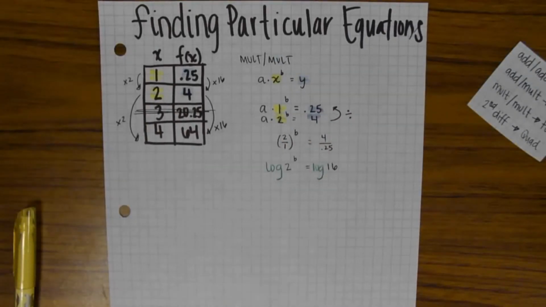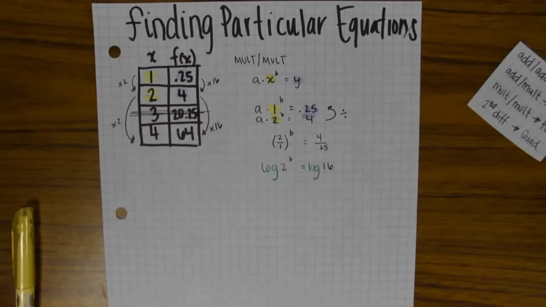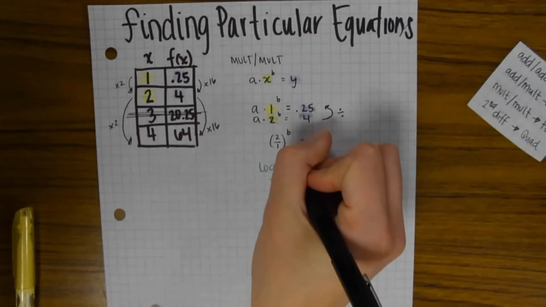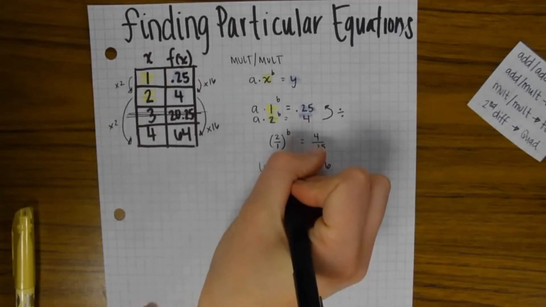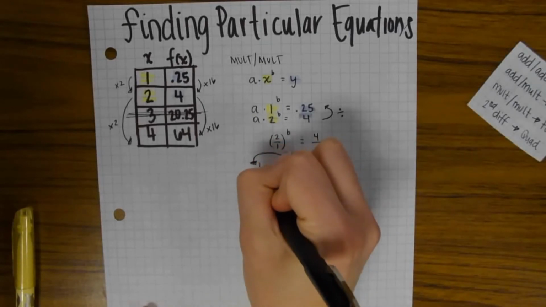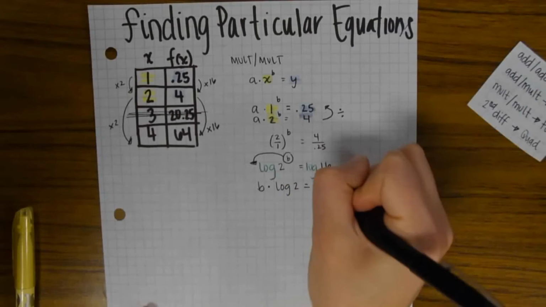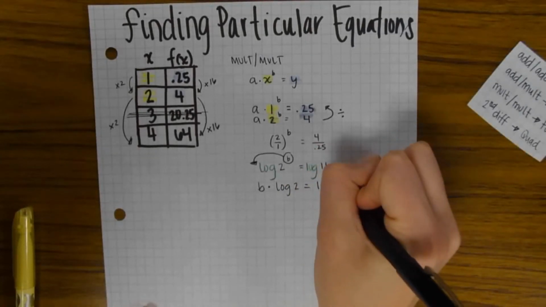if I log both sides, then I can use my really cool log and exponent rule, where this b actually is just now multiplied here. So what that looks like is b times the log of 2 equals the log of 16.